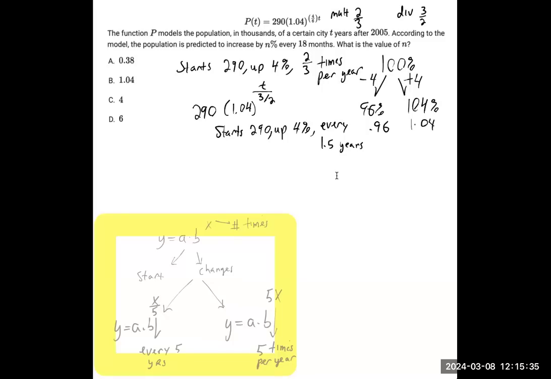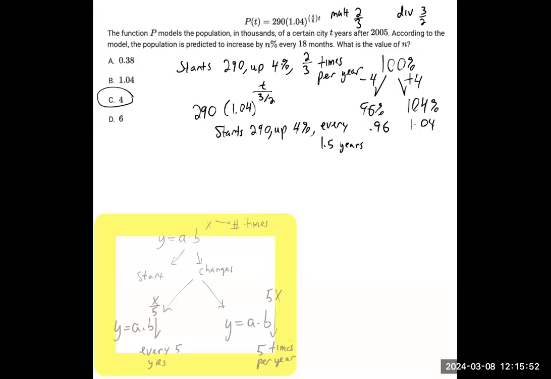Now, both of these could get us to our answer in this situation because 18 months is a year and a half. So they're asking us, by what percent is it going to increase every year and a half? Clearly, that's 4%.